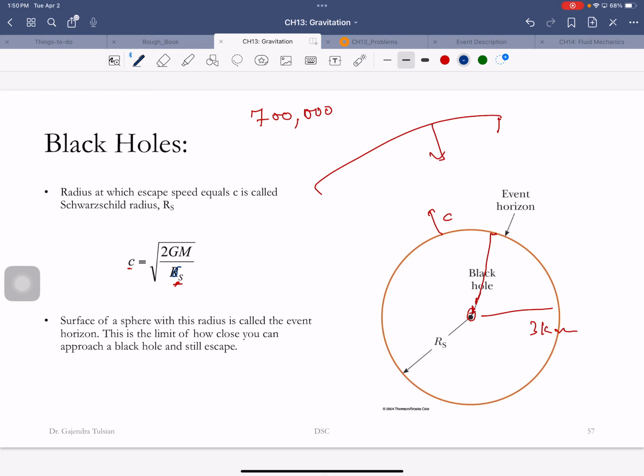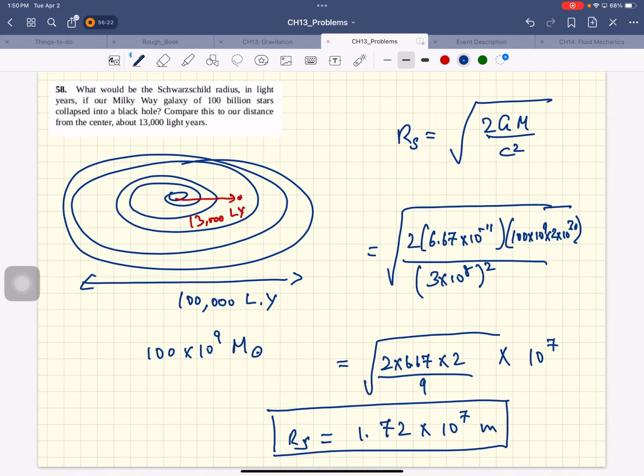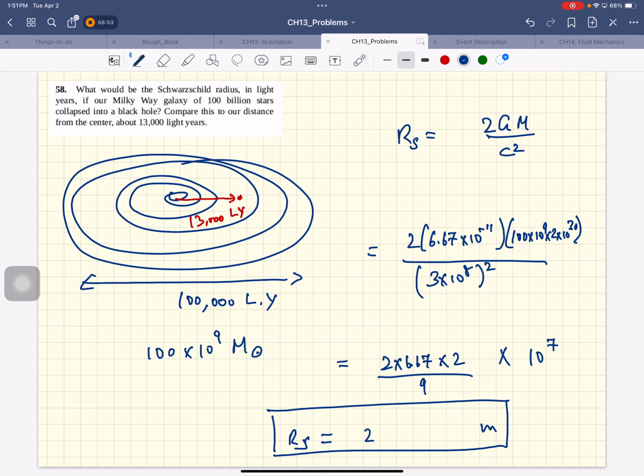There's no square root. Okay. And so we'll convert this to light years.